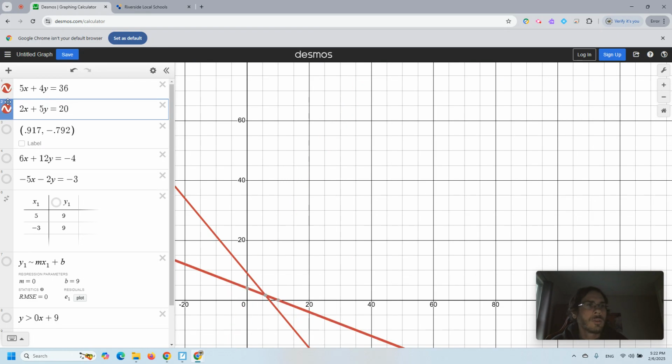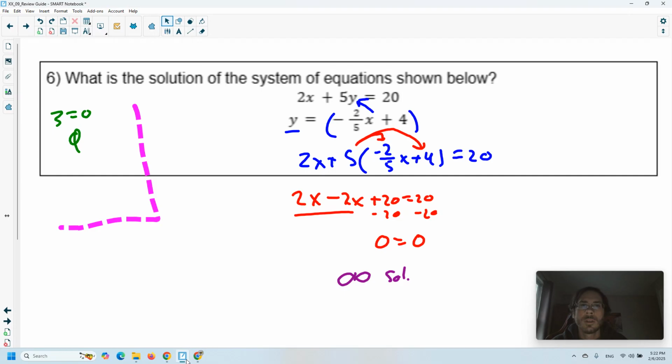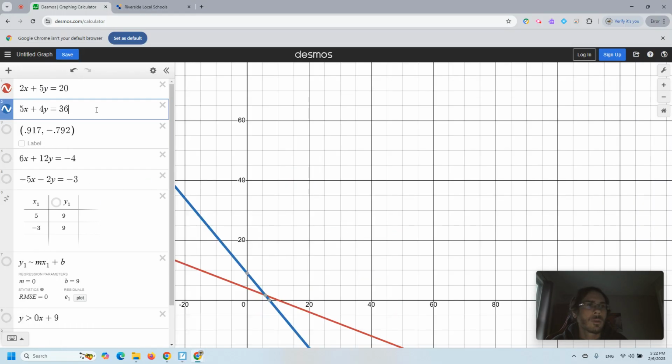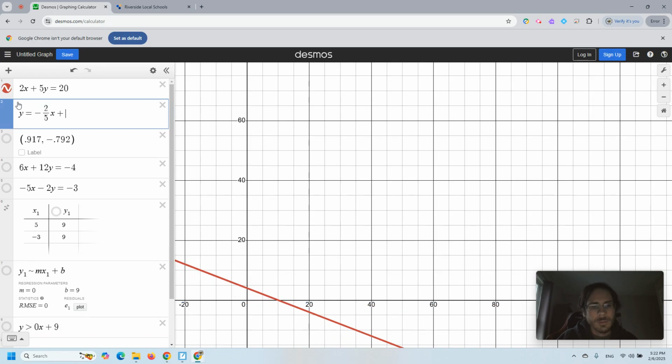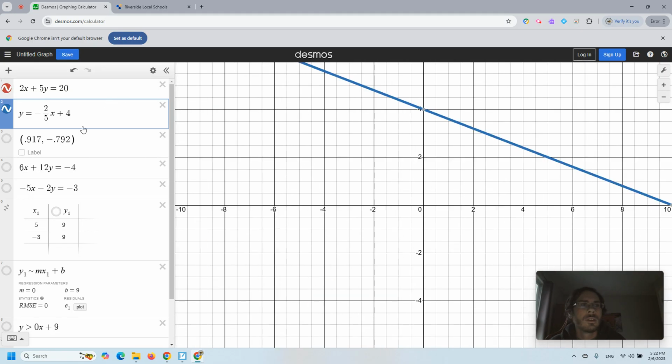And then the other one was negative 2/5 x plus 4. All right, so let's get back home. And so we can see this one is infinite solutions because, again, we can see it's just the exact same. One on top of the other.